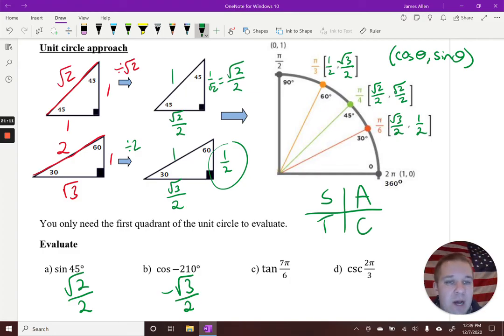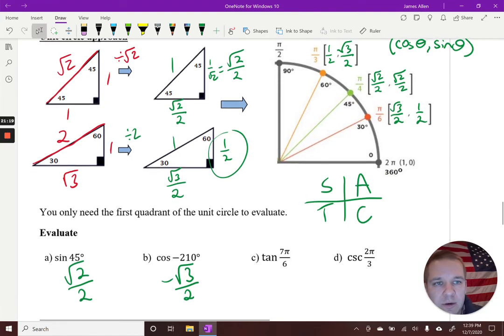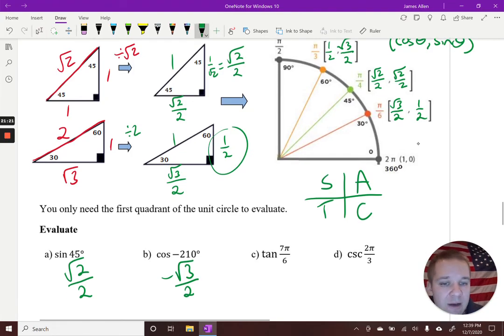Now, tangent of 7 pi over 6. Well, pi over 6, we're looking at our 30-degree reference, right? Our pi over 6 right here. Now, tangent gets a little bit tricky with the unit circle, in my opinion, because it's y over x, right? So I'm going to take the 1/2 and divide it by the x, root 3 divided by 2. I personally don't like to write it like that as a complex fraction.